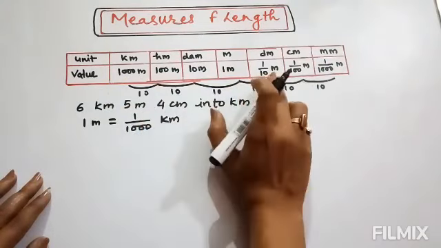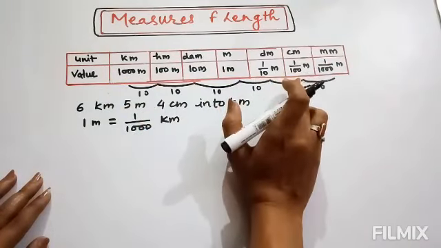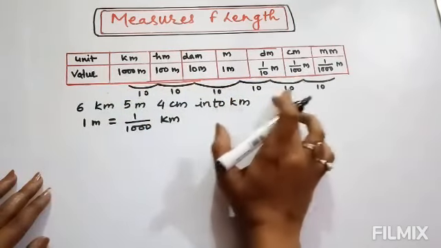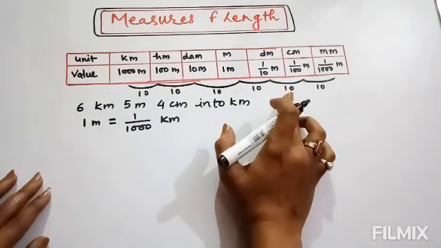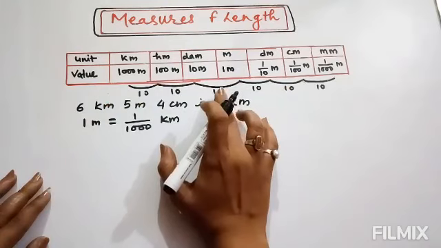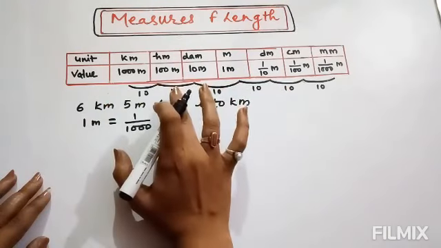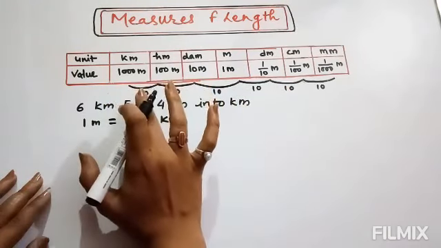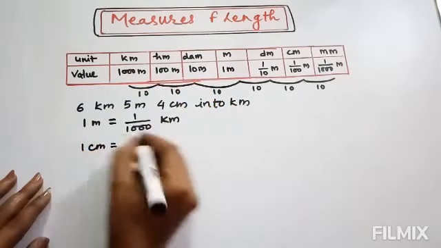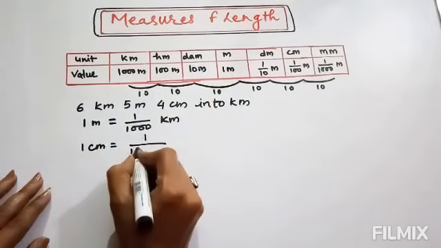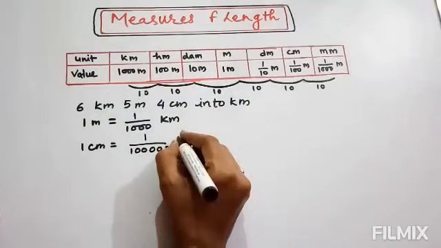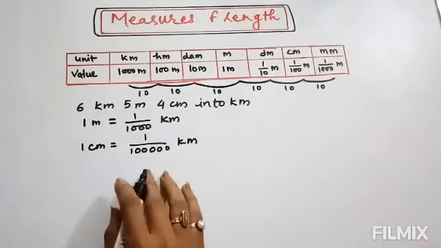And 4 will be divided by 1 lakh. You have to count how many zeros are given in between these units and multiply. 10 tens are 100, 100 tens are 1000, 1000 tens are 10,000, and 10,000 tens are 1 lakh. So it means 1 centimeter is equal to 1/1 lakh kilometer. This is the value of the unit.